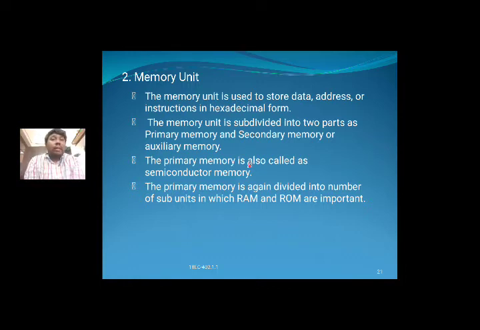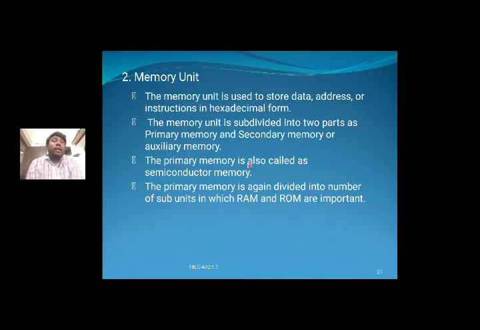The memory unit is subdivided into two parts as primary memory and secondary memory. The secondary memory is also called the auxiliary memory.